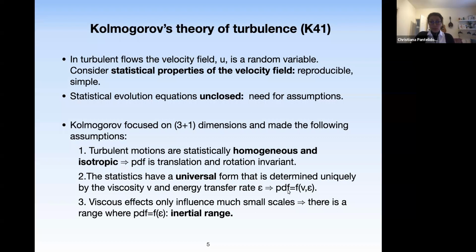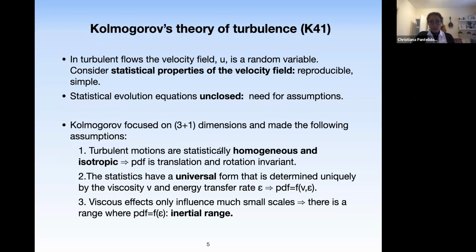And last but not least, he made 1 more assumption, which says that viscous effects only influence the very small scales. Okay, what this says is that there is a whole range called the inertial range, where the probability distribution function is only a function of the energy transfer rate, epsilon, and nothing else. So these are the assumptions that he made.